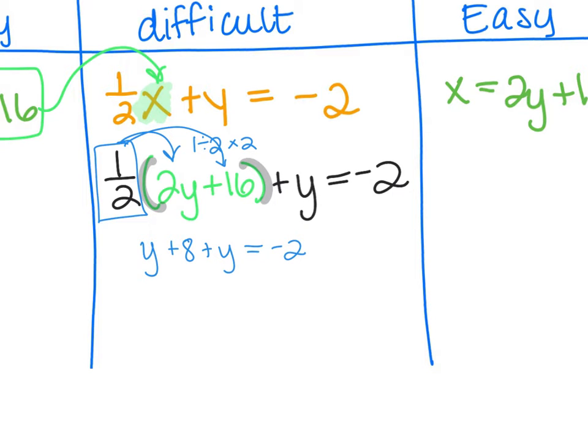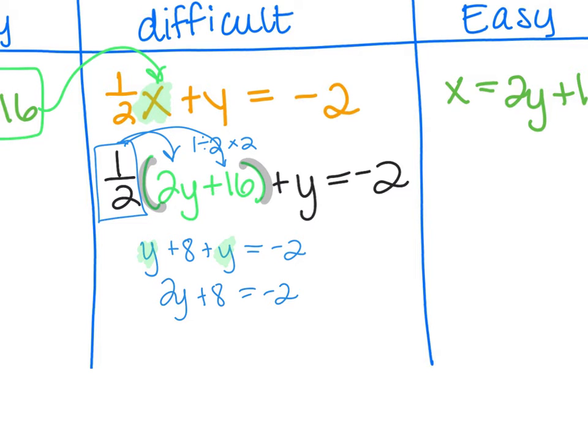Once we substitute, we distribute, and now we look for any like terms. And I see that I have y here and a y here, so I could put those two together to become 2y plus 8 equals -2.